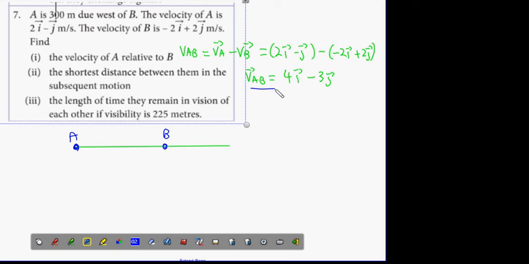B. So B is stuck to the spot. And now we're going to write down the velocity of A relative to B. This direction here, 4i minus 3j, that's 4 to the right and 3 down. It's a southeasterly direction, okay?